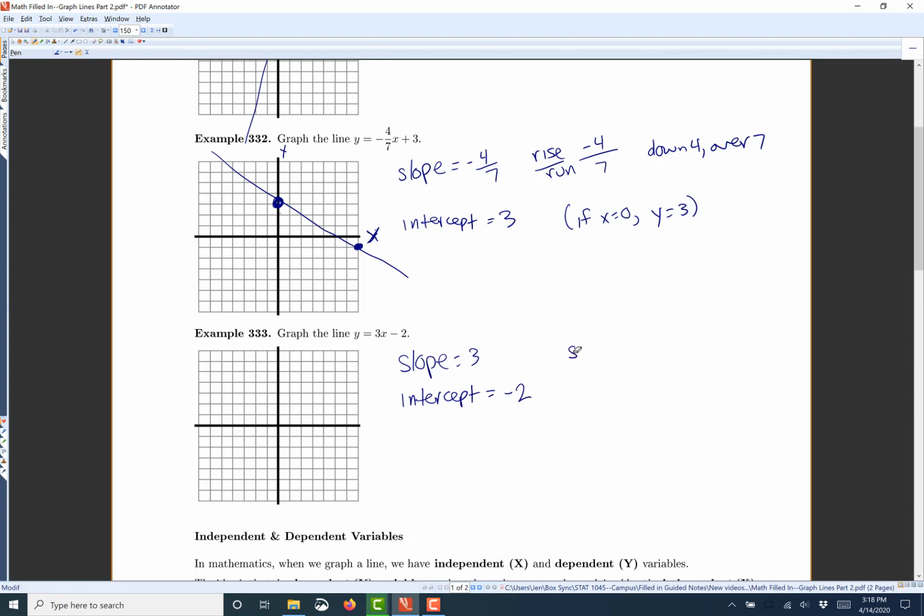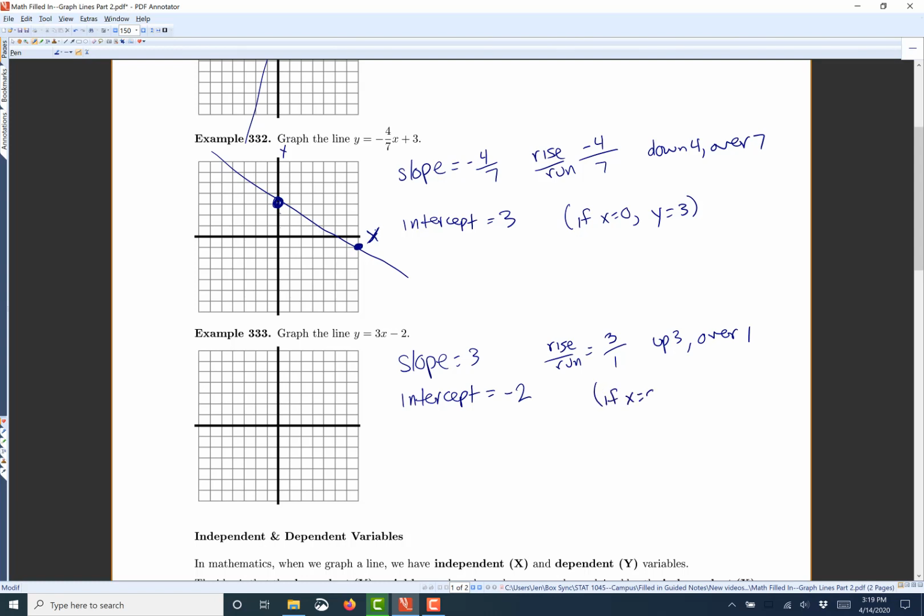So slope is rise over run. So 3 is not a fraction, so we need to make it a fraction. So we'll say 3 over 1. So that means we will go up 3 and over 1.